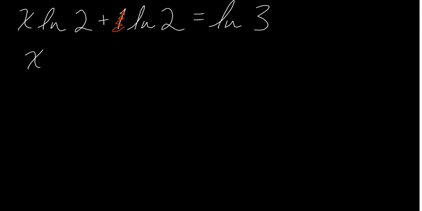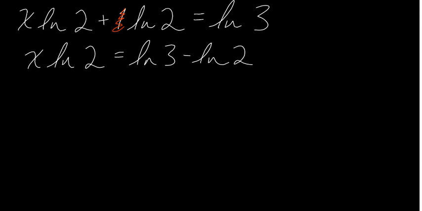So we're going to have x natural log of 2 is equal to the natural log of 3 minus the natural log of 2. Okay, and then as mentioned, we're trying to isolate the x. Over here we have natural log of 2, which we said is 0.69, and it's being multiplied by some x. So if this was 0.69, and we're trying to isolate the x, what would we do?